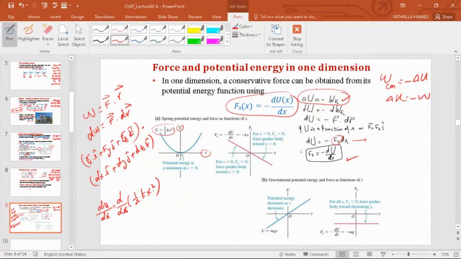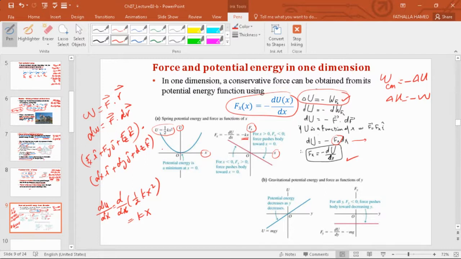Now, x squared will give you 2x, so you'll get here kx. But since you have a minus, then Fx will be minus dU by dx, and you get minus kx here. And minus kx is a linear relation with a negative slope. And that's Fx as a function of x here.